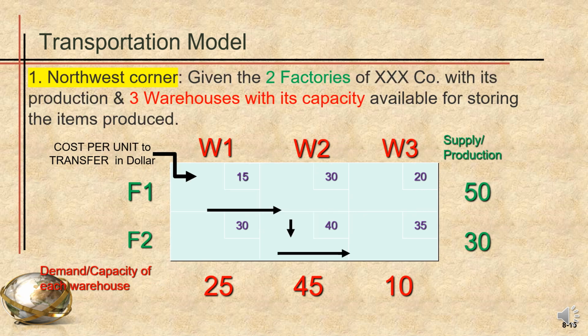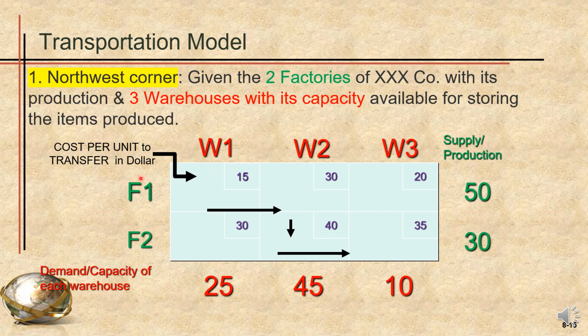Let us have the first approach under the transportation model, which is the northwest corner method. Given our transportation table, under the northwest corner method, you will start with the cell on the northwest corner. That means the upper left-hand corner of your transportation table.